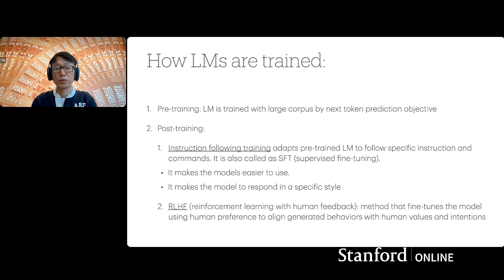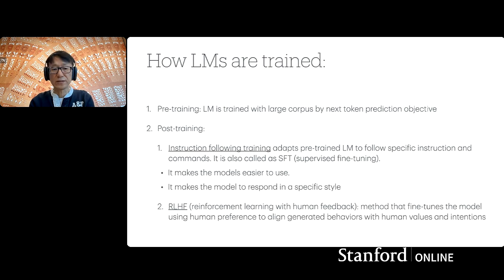So hence the post-training steps come in, and this post-training stage would include instruction following training as well as reinforcement learning with human feedback. What this training stage means is we prepare a data set such that a specific instruction or question is paired with the answers or generated output that the user would expect.